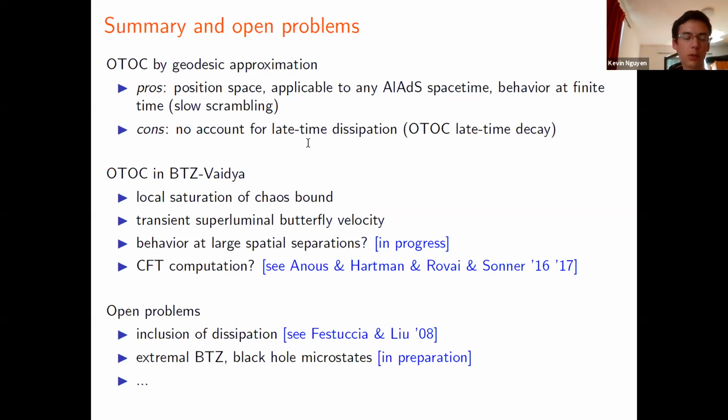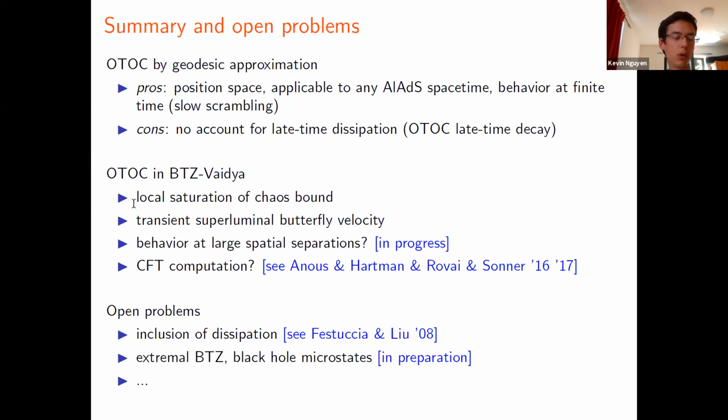In order to account for that, you would need to be able to describe quasi-normal decay of two-point functions in the geodesic approximation. For that, a good starting point would probably be this paper by Festuccia and Liu. But we haven't done so. Then we applied this new method to the computation of the OTOC in BTZ-Vaidya, or in some quenched states.